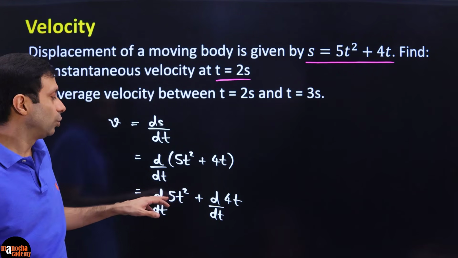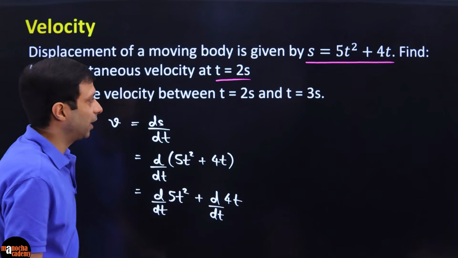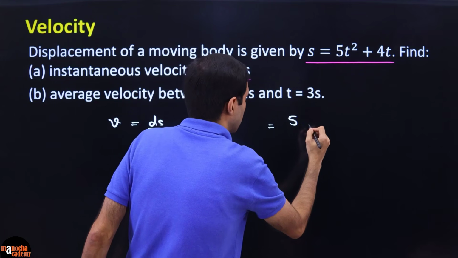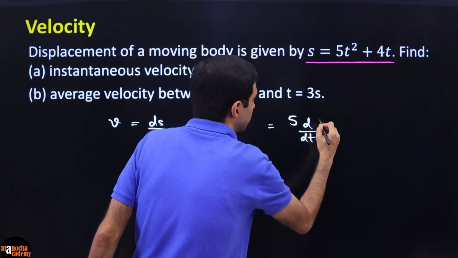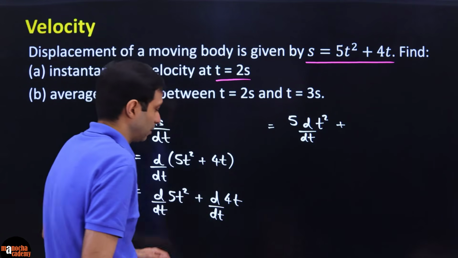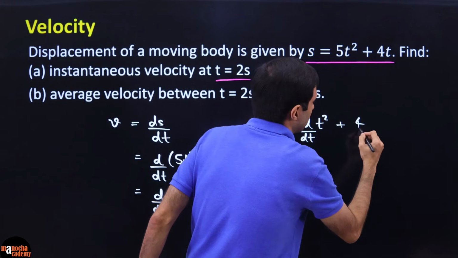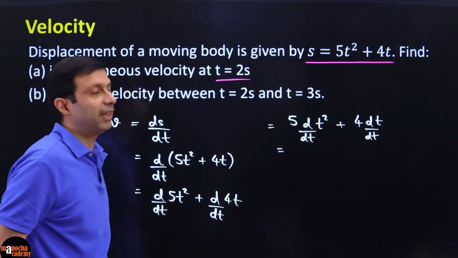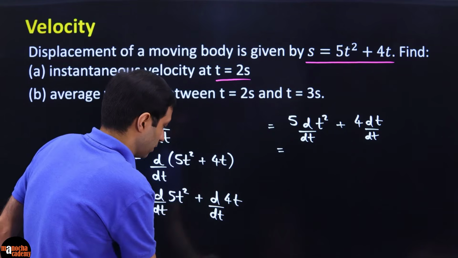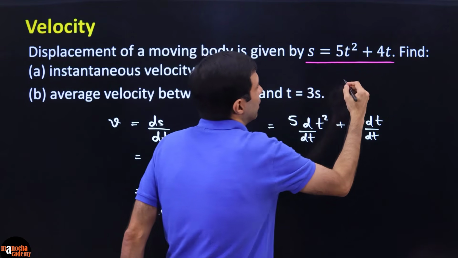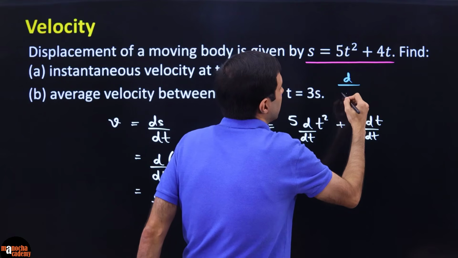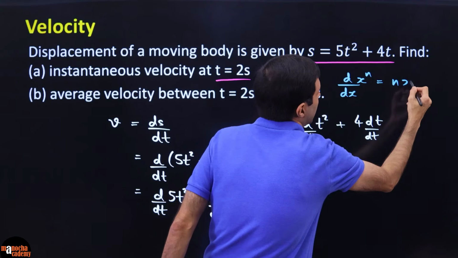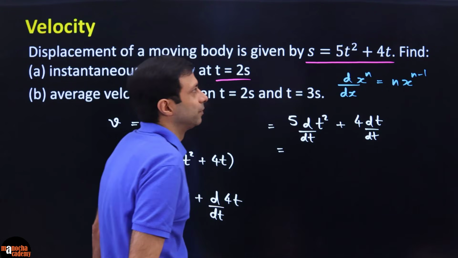Now you guys know how to do the differentiation. You bring the constant outside. So this is finally going to become 5 d dt of t square plus 4 times d dt of t. Now what is d dt of t square? In calculus, you know this formula, that d dx of x to the power n is n times x to the power n minus 1.